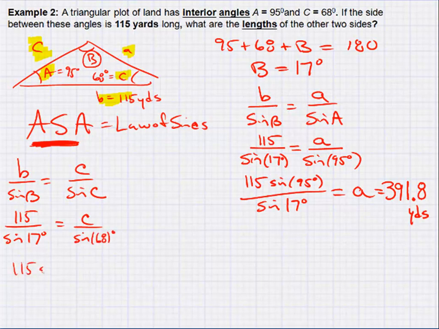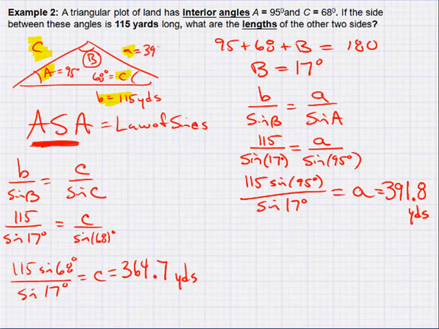So I get 115 times the sine of 68 over sine of 17 equals C. This is all degrees. Plug it into your calculator and I came up with 364.7 yards. So this one is 391.8 yards and this one is 364.7 yards.